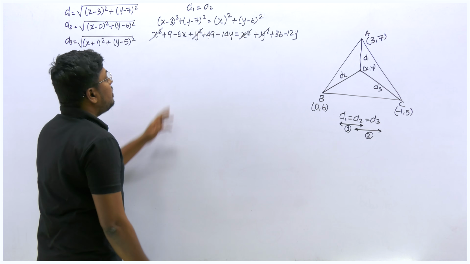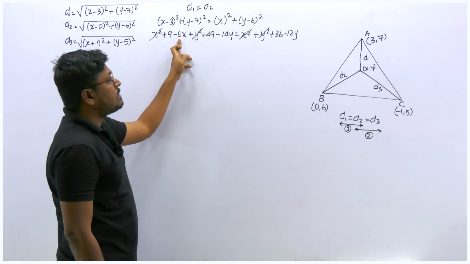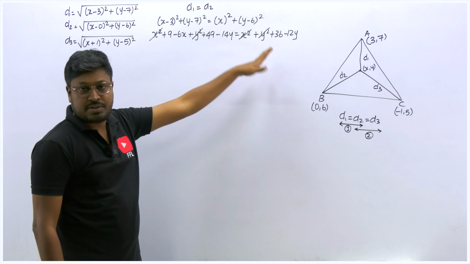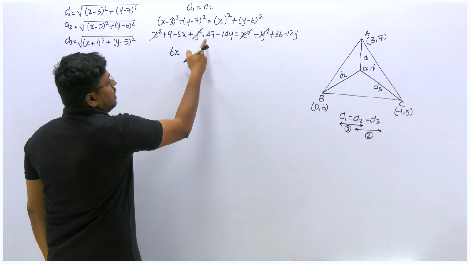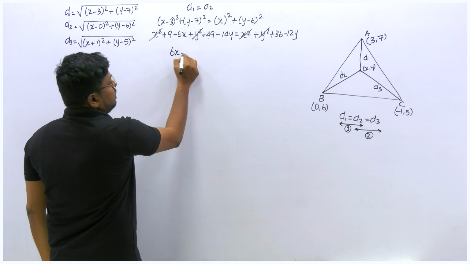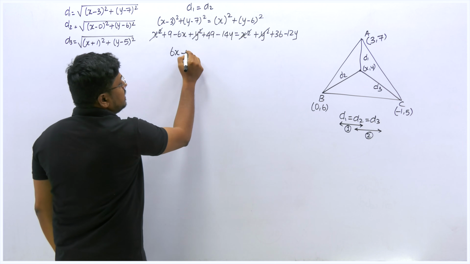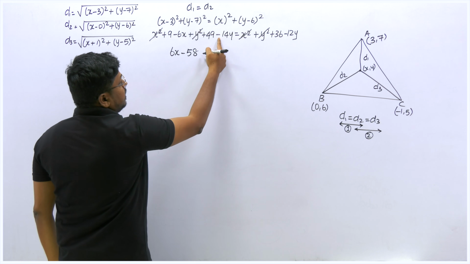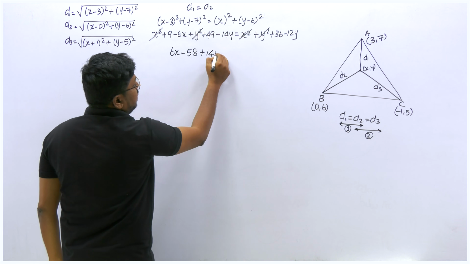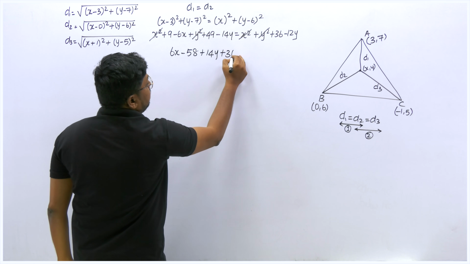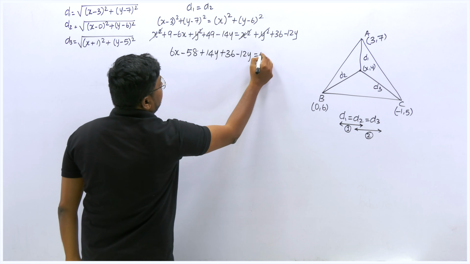Here we have minus 6x; bringing it to the right hand side, it becomes plus 6x. 9 plus 49 is 58; bringing 58 to the right hand side, it becomes minus 58. Here we have minus 14y; bringing it to the right hand side, it becomes plus 14y. Similarly we already have 36 and minus 12y, equal to 0.